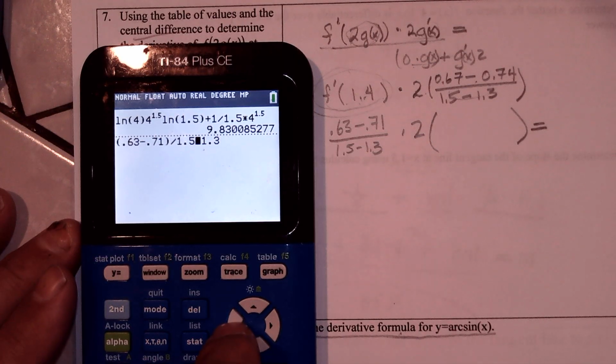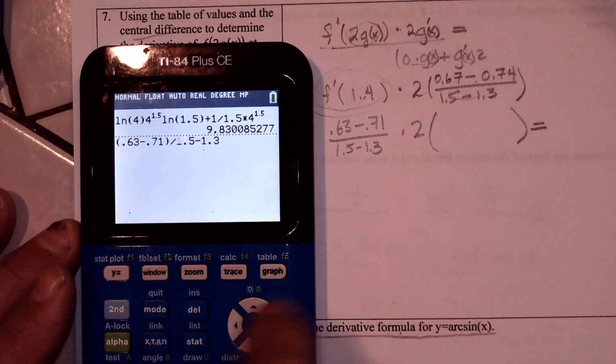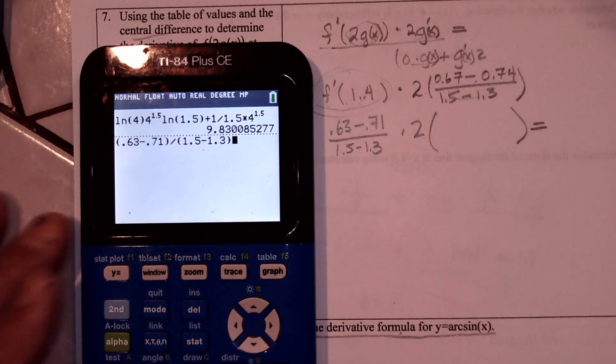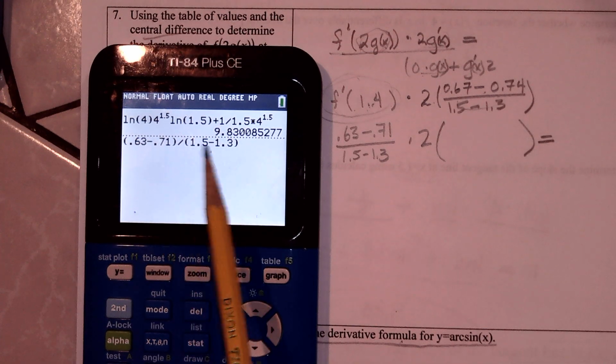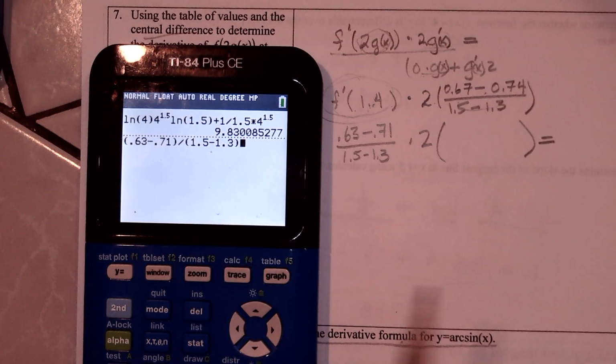Oh, and that needs to be in parentheses also. So you want to use parentheses on your numerator and your denominator to get this to come out right.